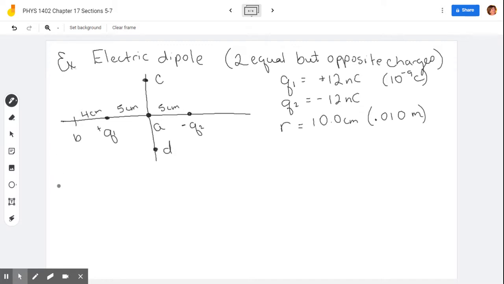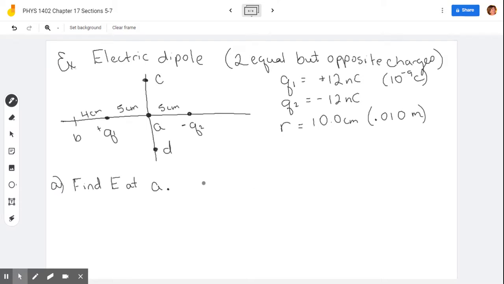So, first question says, find the electric field strength at A. Okay, it's just the vector sum of the two individual electric fields.